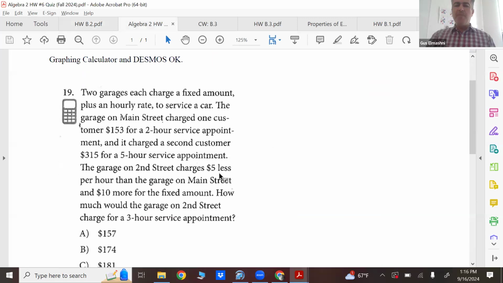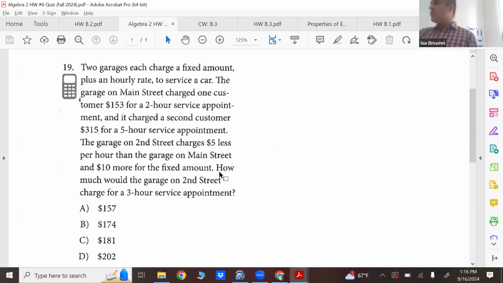As you guys know, juniors are doing the PSAT next month, right? Sophomores might do it as well, I don't know. So this is on your radar. It's coming up pretty soon. Or juniors in general doing the SAT sometime later in the year, or the ACT. So this is from an SAT prep book. You have two garages.